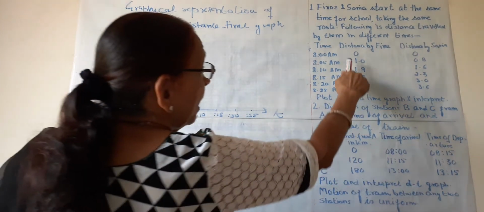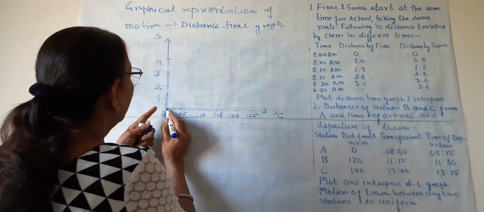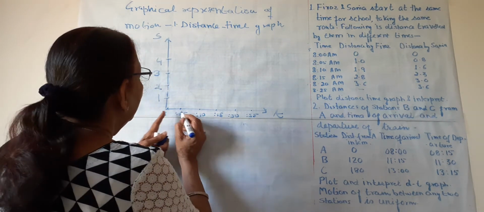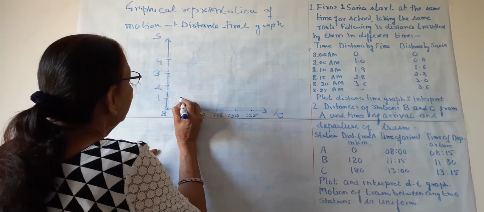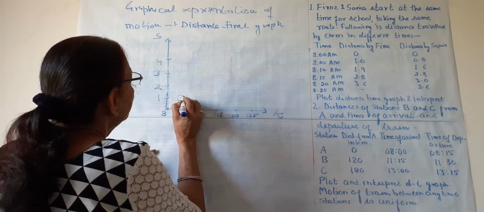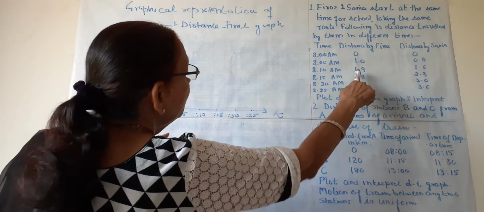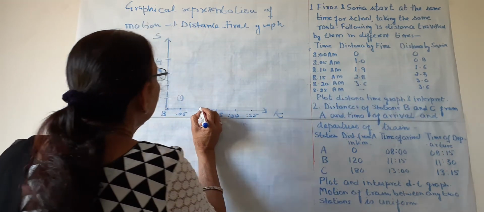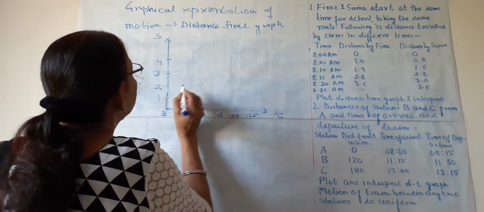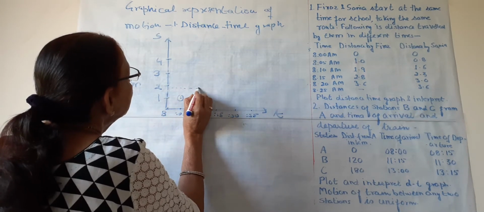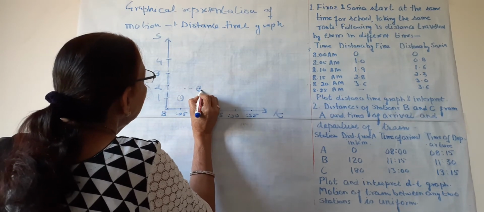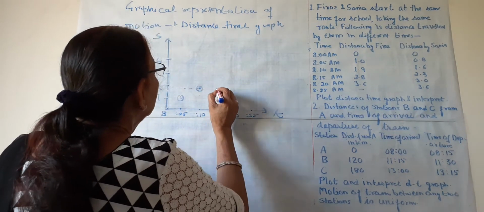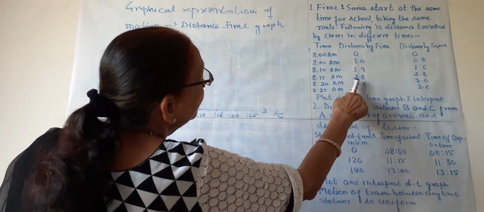So first I am drawing this for Firoz. At 8 o'clock, Firoz is at 0 kilometer. At 8:05, he comes at 1 kilometer. Then at 8:10, he comes at 1.9, slightly lesser than 2, so he will be here. Then at 8:15, he is at 2.8.